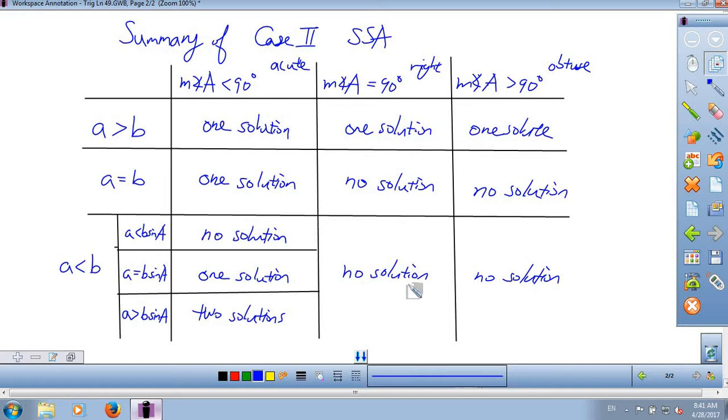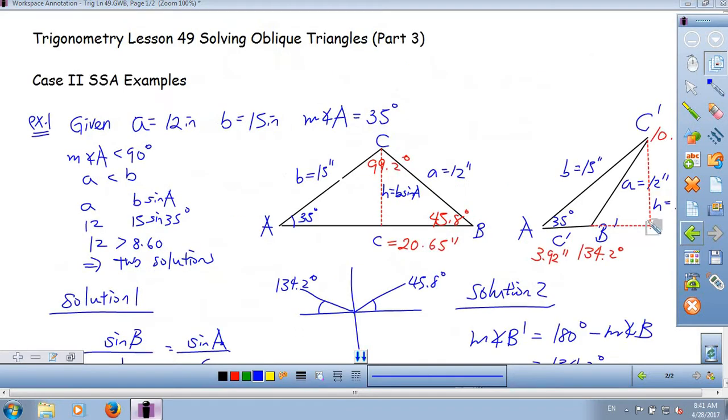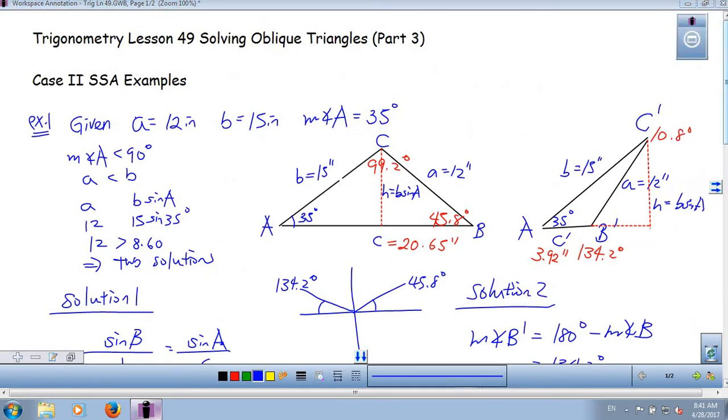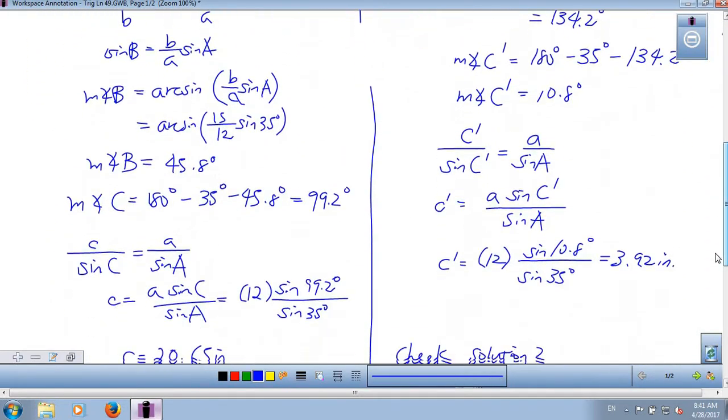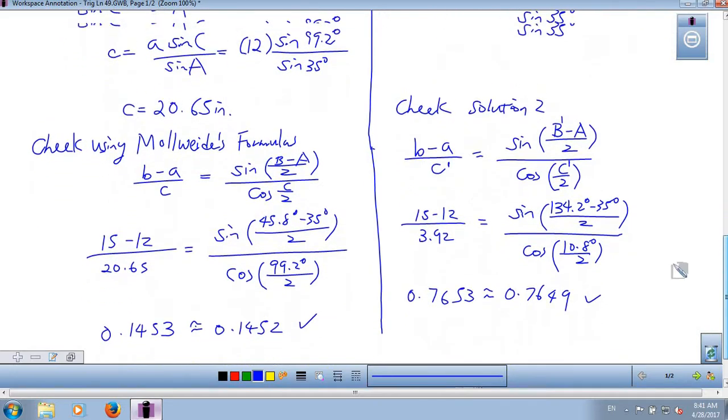If you have no solutions, that will be very simple to deal with. Just check the conditions to find out whether you have one solution or no solutions, and that is actually very straightforward. The two solution examples, well, we have done two examples so far, and hopefully this example is clear to you.